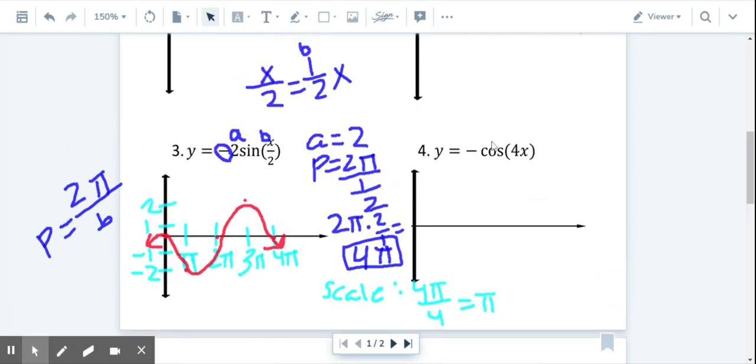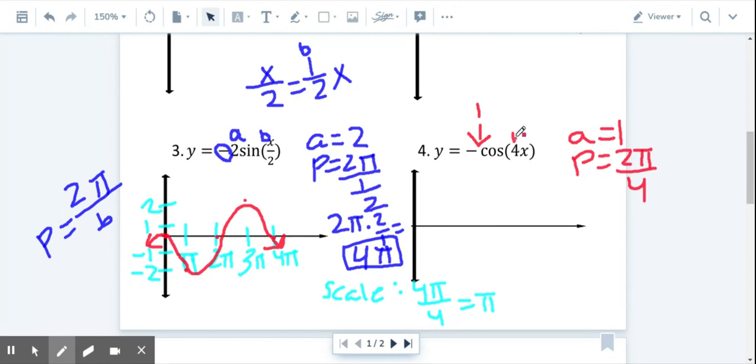Moving on, we have another example. Now in cosine, so what if cosine's negative? So go through the same thing. Amplitude, period, all that good stuff. Amplitude here is 1 because there's not a number in front of cosine. If there's not a number, that means that a is 1. Period is 2 pi over b.